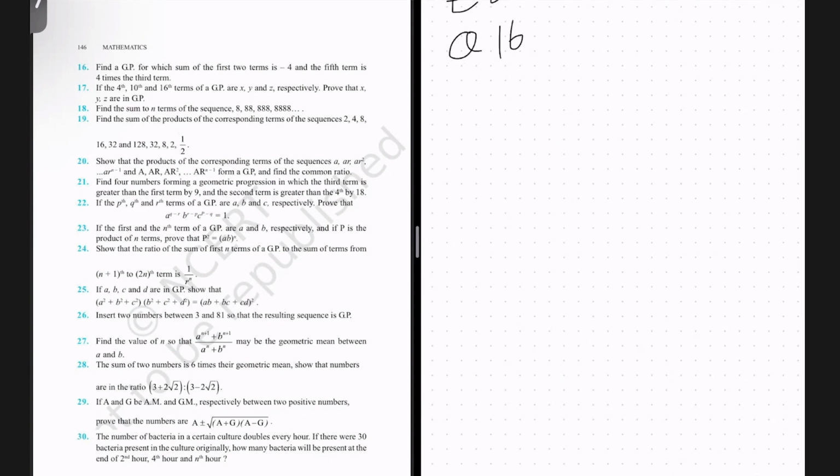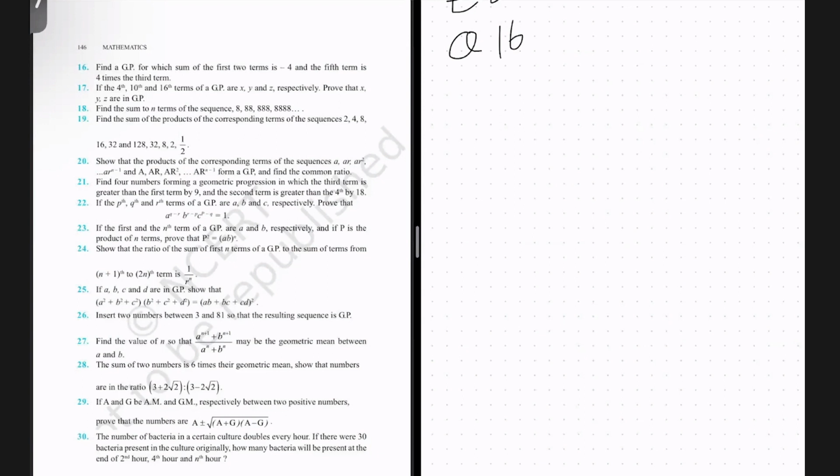For the 16th question, we have been given: find a GP for which the sum of the first two terms is -4, and the fifth term is 4 times the third term, right? So we have been given the sum of the first two terms as being equal to -4.